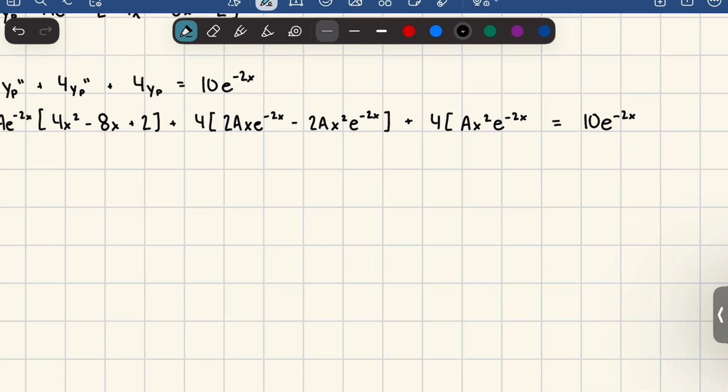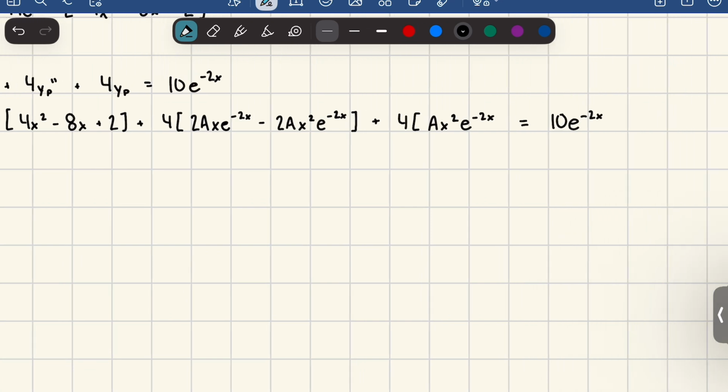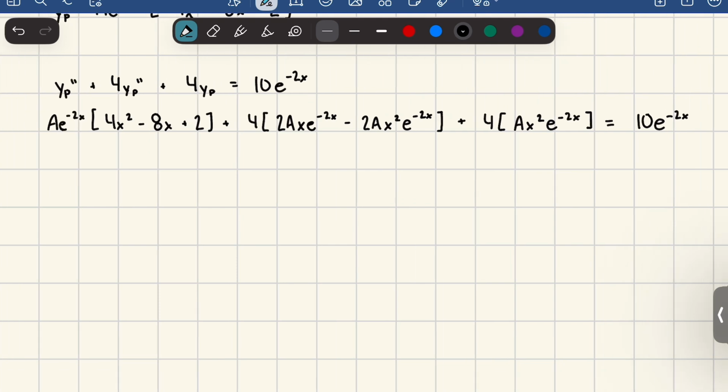Oh, this is going to suck to distribute. I feel like I can pull out all of the exponential functions to make it better again.